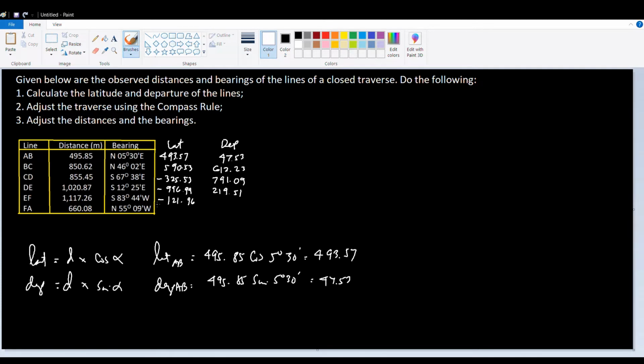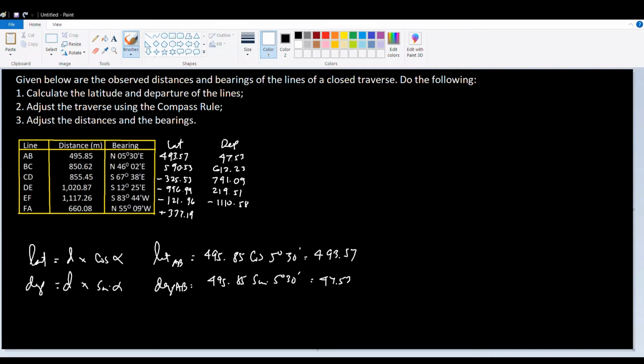West direction, so the departure should be negative 1110.58.